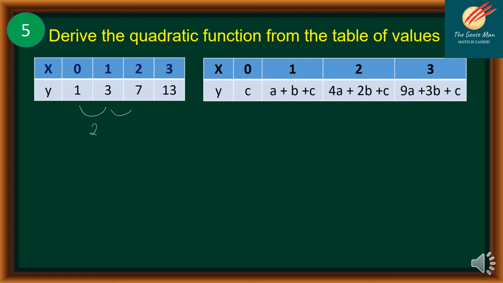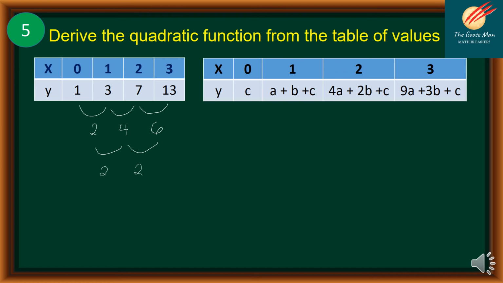The difference between 3 and 7 is equal to 4, while the difference between 7 and 13 is equal to 6. Since we do not have the same differences on the first differences, we will move on to the second differences. The difference between 4 and 2 is equal to 2, and the difference between 6 and 4 is equal to 2. So, therefore, we can say this is a quadratic function.